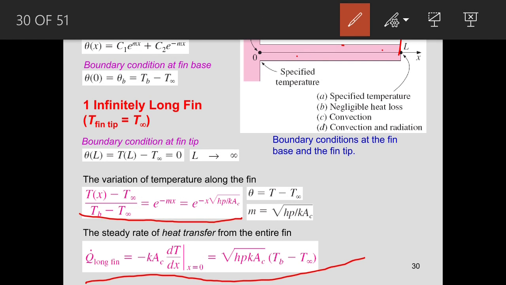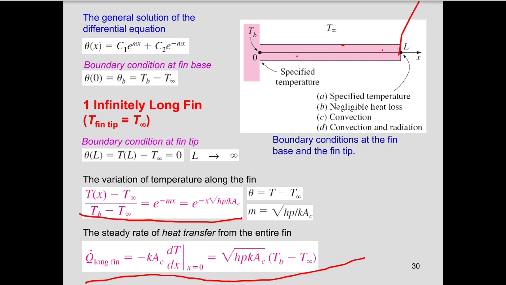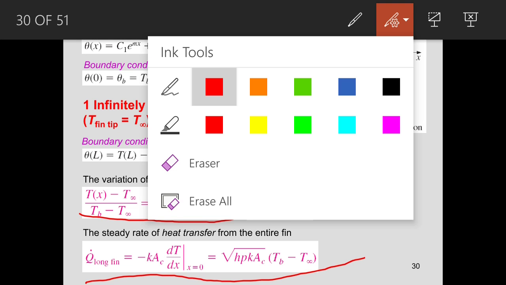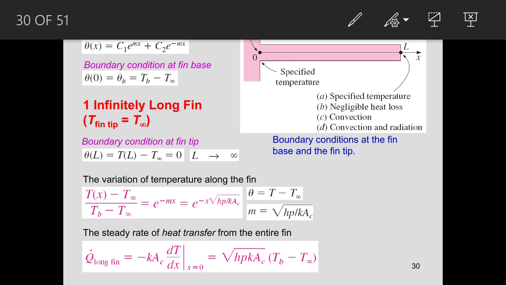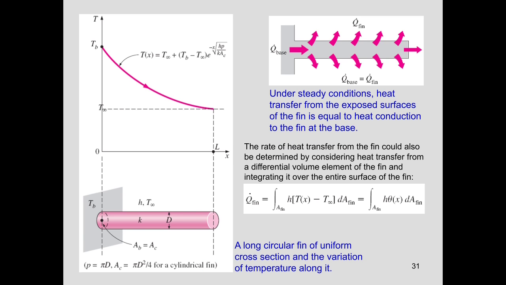Now next, we will see another concept. If you see the graph, the temperature is reduced from Tb to T infinity in the exponential curve.